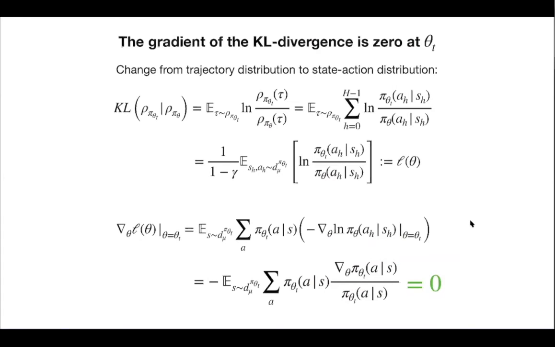The gradient of this KL divergence measured at the current solution theta t is equal to 0. There are some detailed steps you need to convince yourself of, but the high level picture is that the gradient at theta t of the KL divergence is 0.